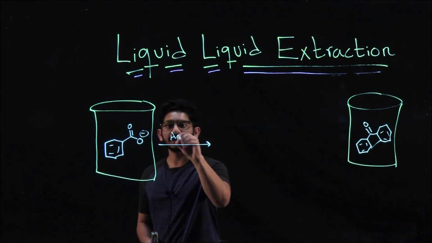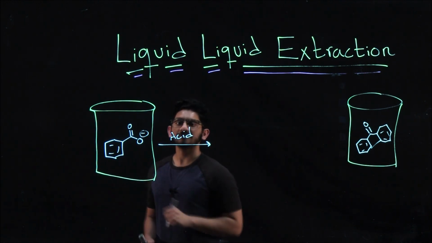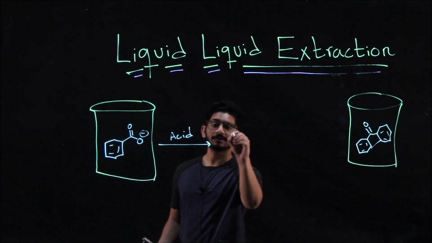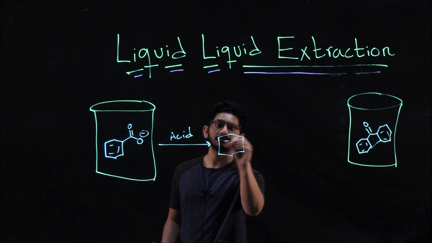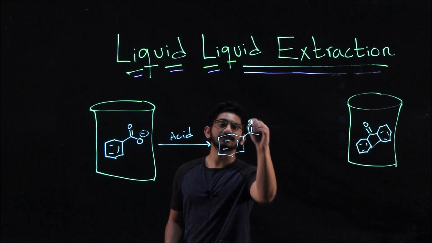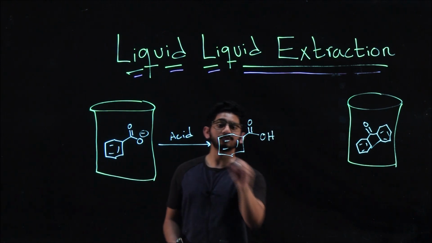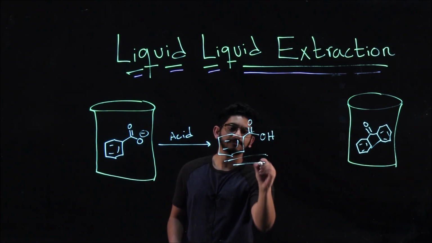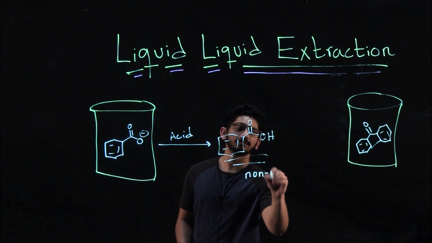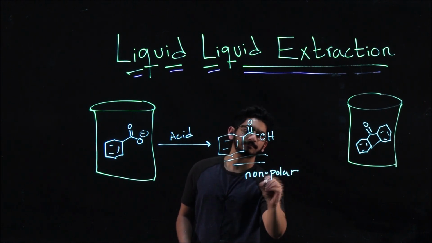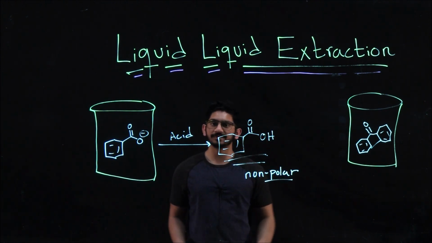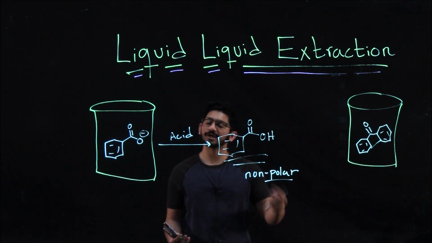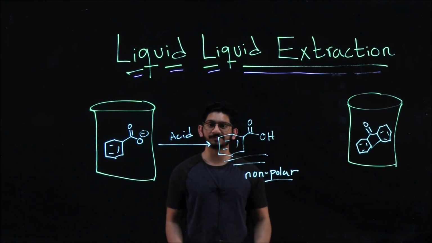When we add acid, this oxygen will be protonated, which will give us our benzoic acid again. Now if you remember, this is non-polar, which means it will not be dissolved in water anymore. It would actually crash out of solution as a precipitate.